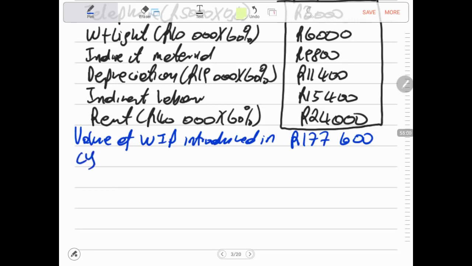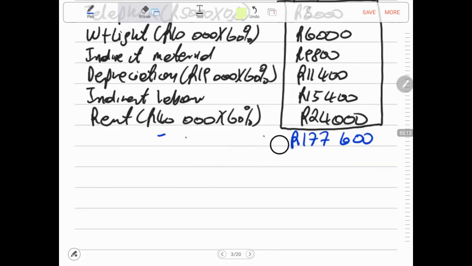Just to simplify for you, this is the value of work in process that was introduced in the current year, CY meaning current year. But this line item is not very crucial that you also write it.